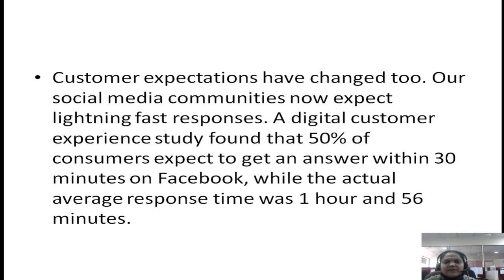So here I have put a study. A digital customer experience study found that 50% of consumers expect to get an answer within 30 minutes on Facebook.